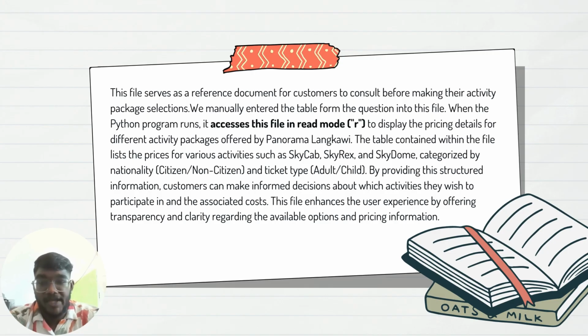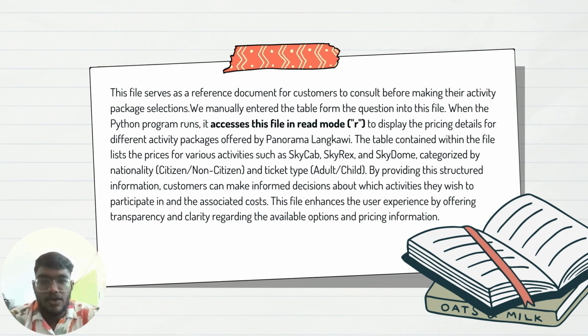Based on the package.txt coding file, this file serves as a reference document for customers to consult before making their activity package selection. We manually entered the table from the question into this file. When the Python program runs, it accesses this file in read mode to display the pricing details for different activity packages offered by Panorama Langkawi.